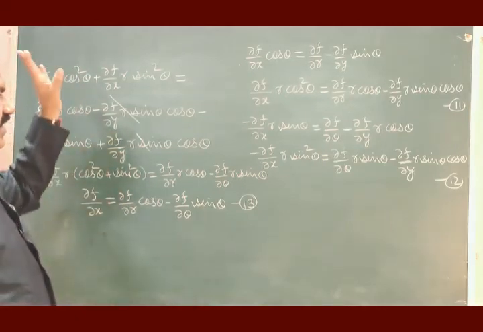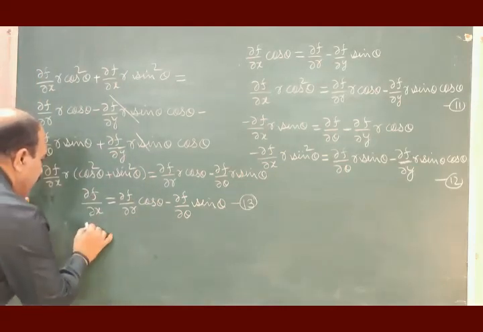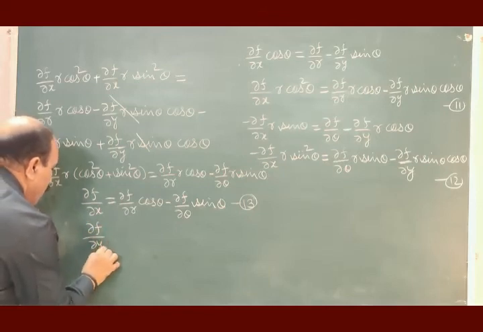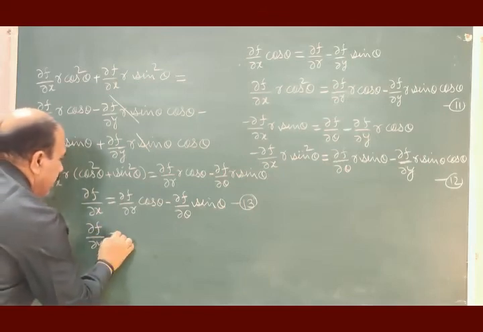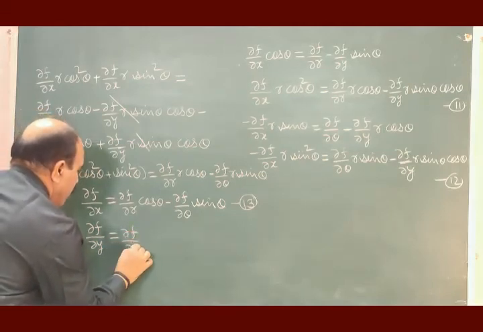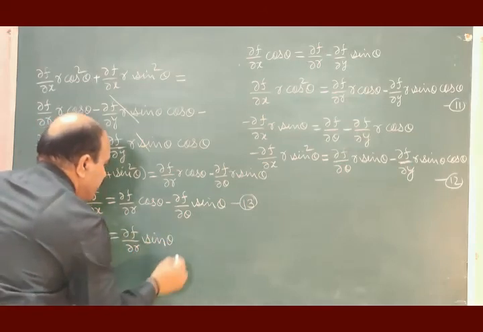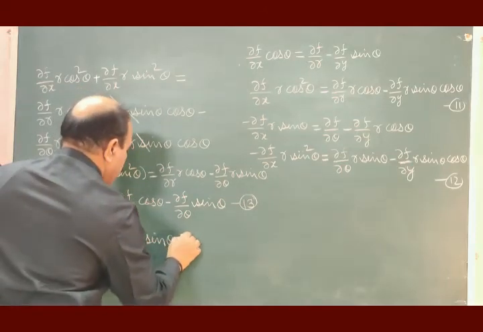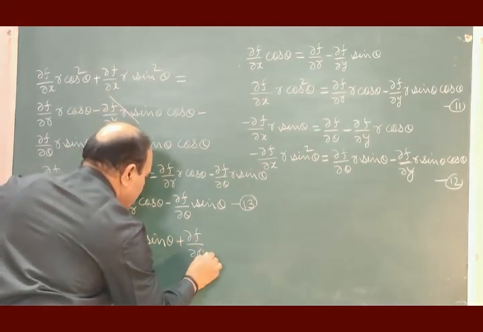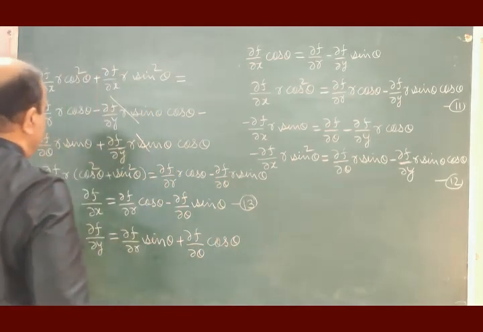Similarly, adopting the same procedure, we may get the expression for dou f by dou y, that will be dou f by dou r sin theta plus dou f by dou theta cos theta, equation number 14.